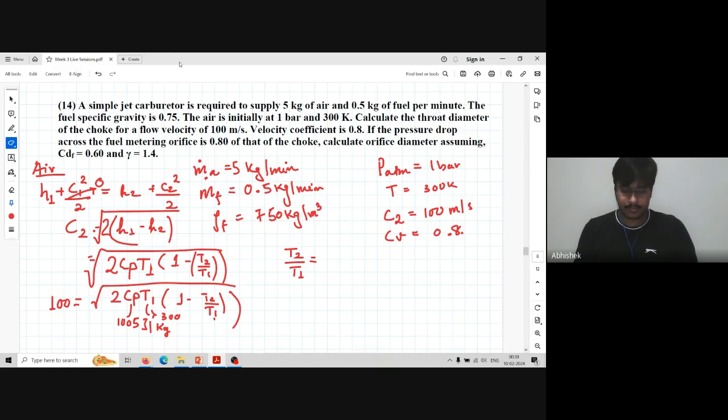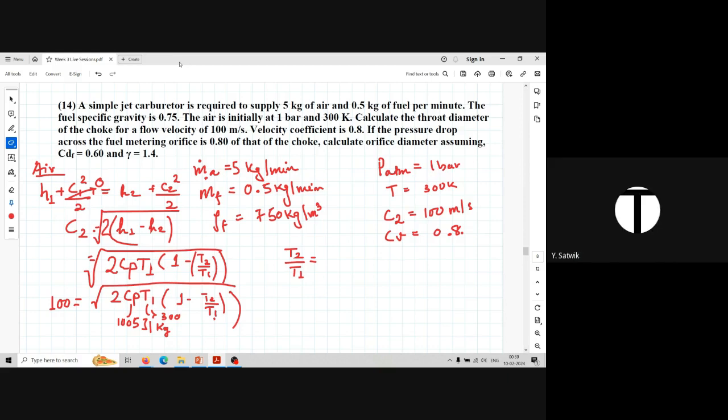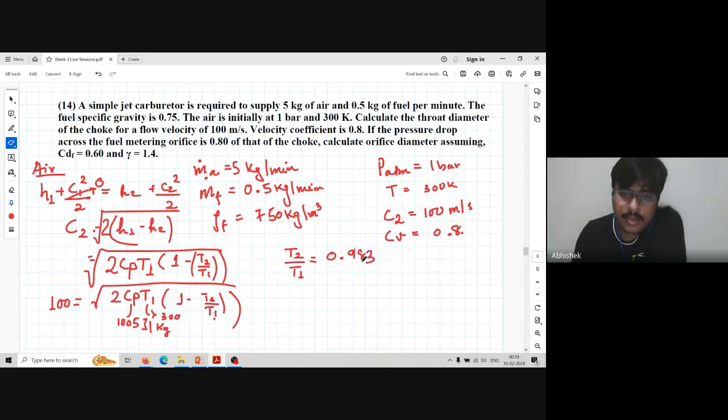How much are you getting? The calculation you have to do a little bit faster. T2 by T1 is equal to 0.983.